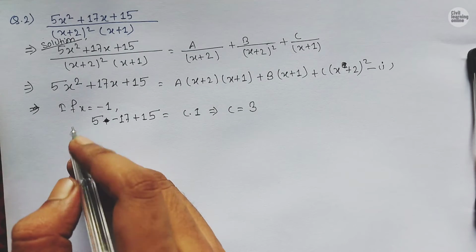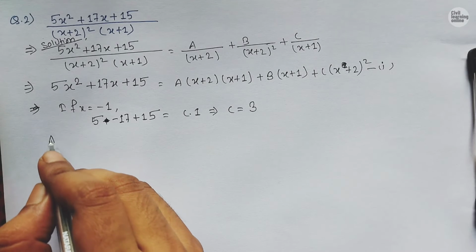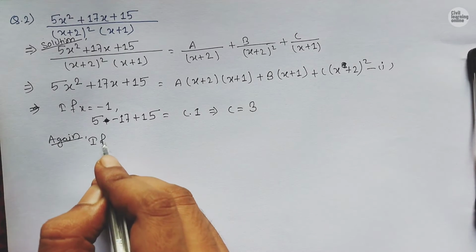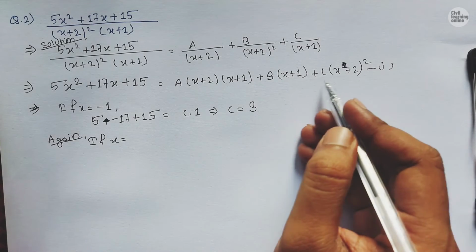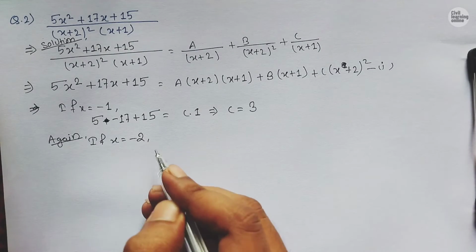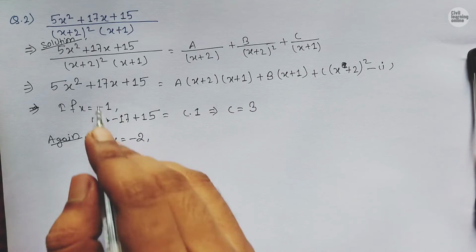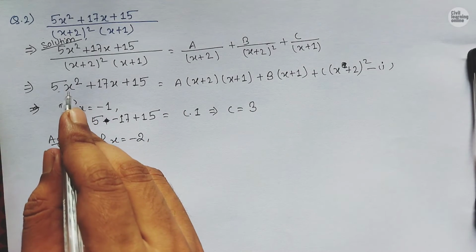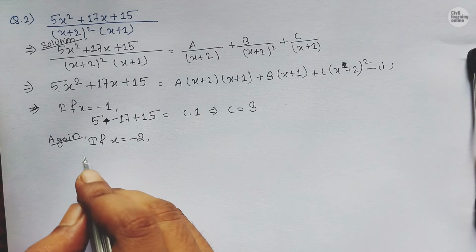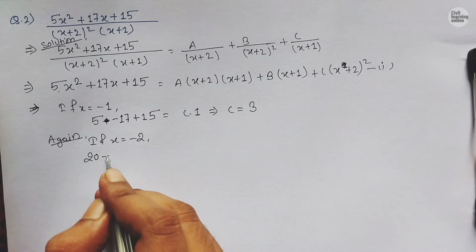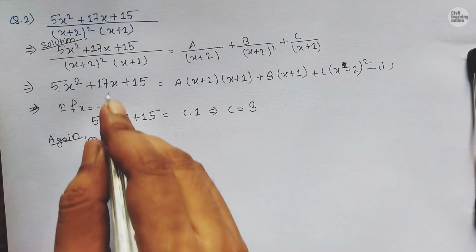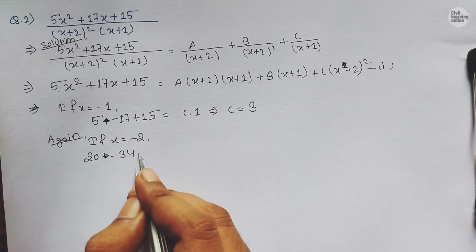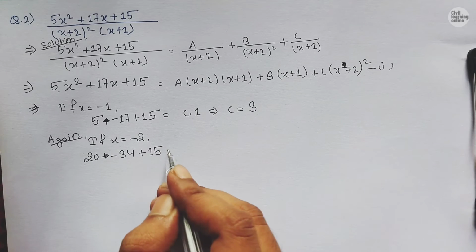Okay, now again, if x equals to minus 2, then minus 2 squared is 4, times 5 is 20, plus minus 2 multiplied with 17, so minus 34, plus 15.